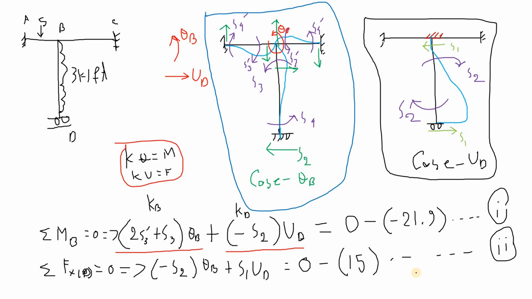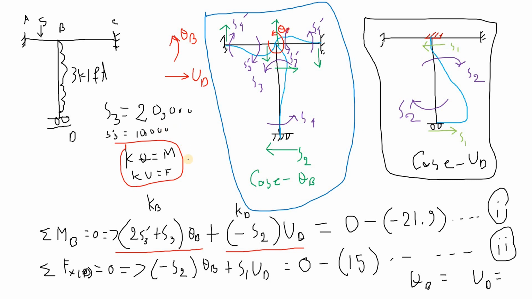So from here we can easily calculate the theta B and the UD. So for the help of calculation, let me just say that S3 is equals to 20,000 and S3 prime equals to 10,000.